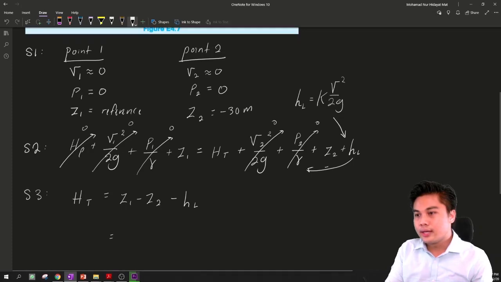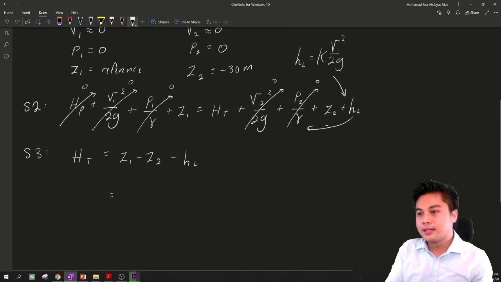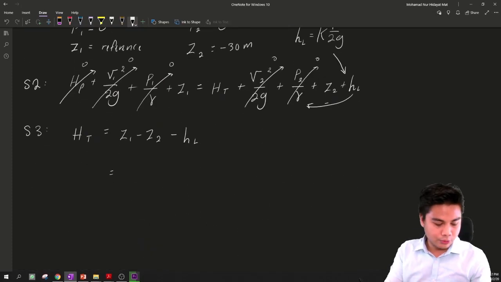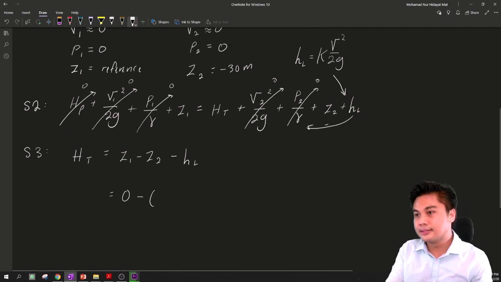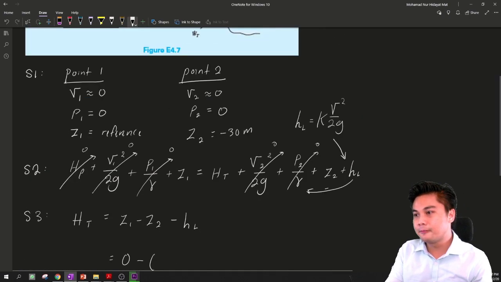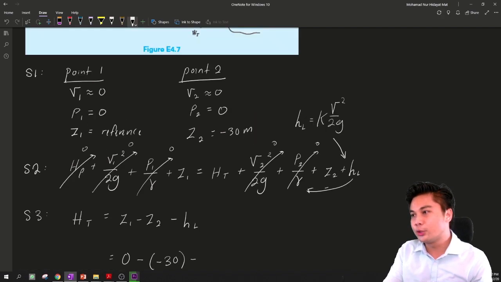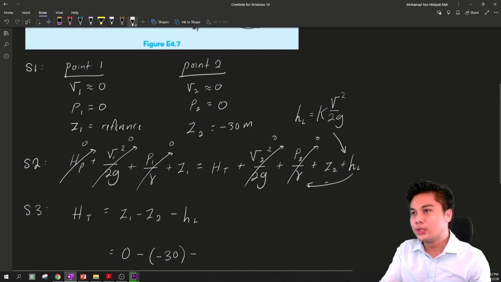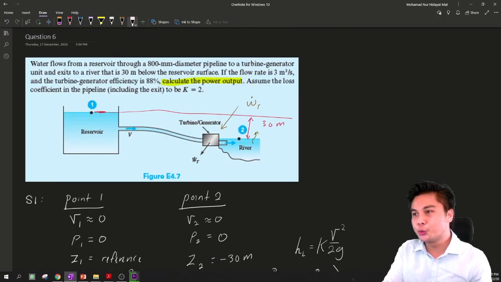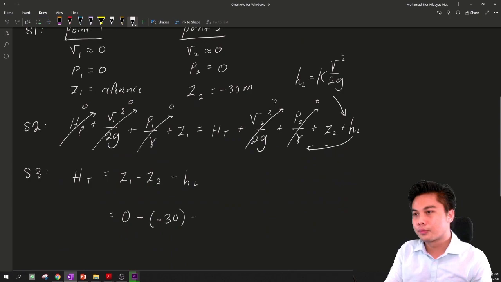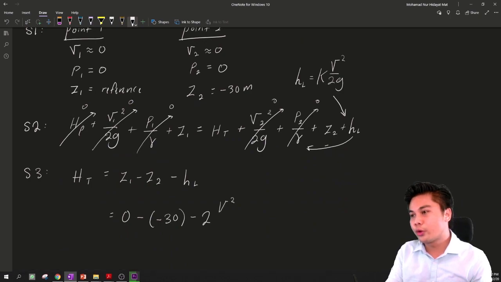Z1, the reference, is equal to 0, minus Z2, which is negative 30, minus HL, which is K, given as 2, times V squared over 2g.